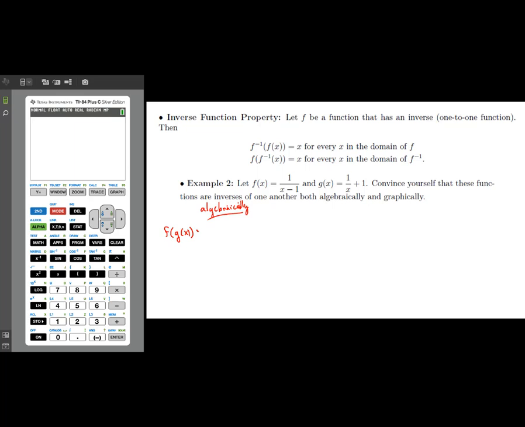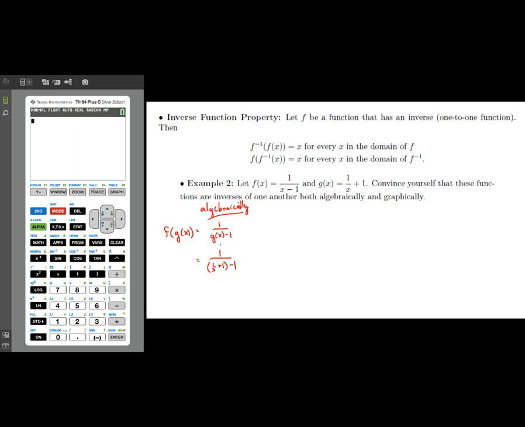All right, so if I do f of g of x, that means I'm going to plug g of x in wherever I see an x in the original function here. All right, so that means g of x is 1 over x plus 1.